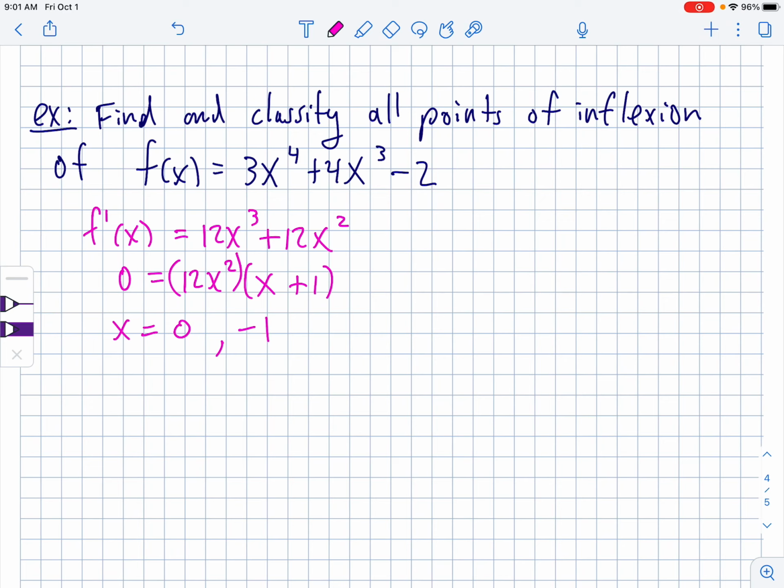Set those both equal to 0, and you get x is equal to 0 and negative 1. So those are the stationary points, but I don't know if they're turning points or if they're concave up, concave down, local max, local min. So we're going to test those in the second derivative. Did I solve that right? Hold on a second.